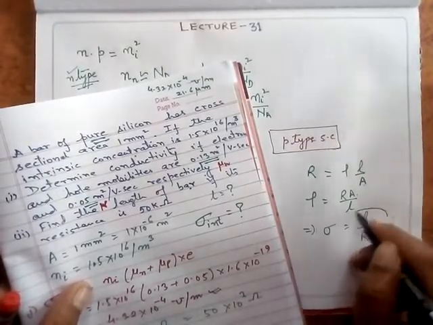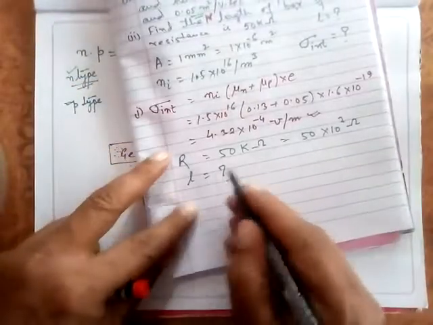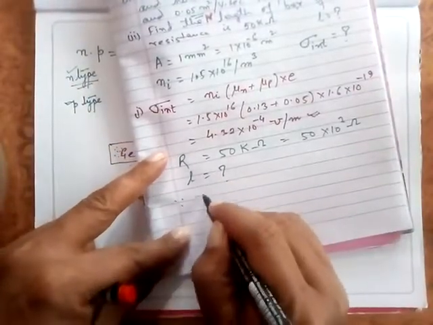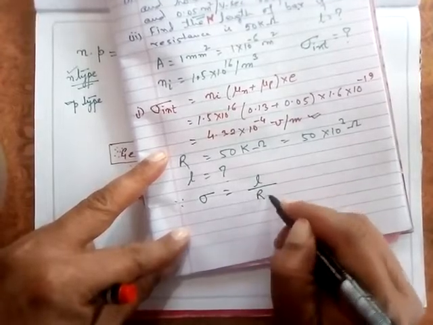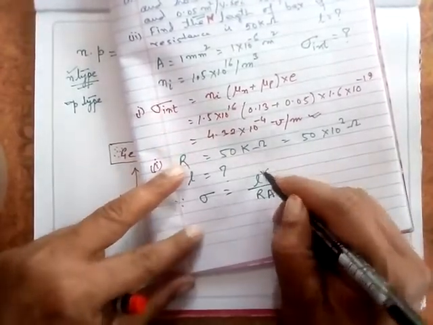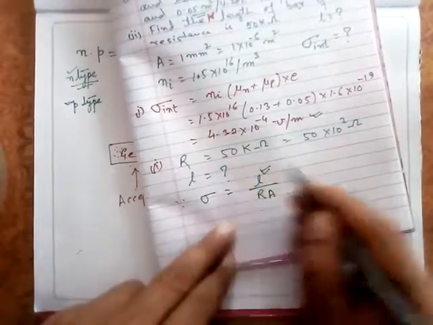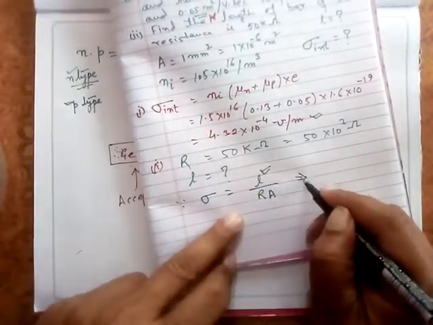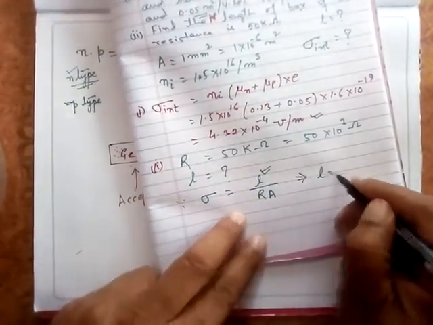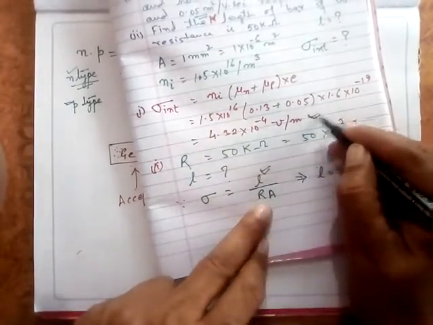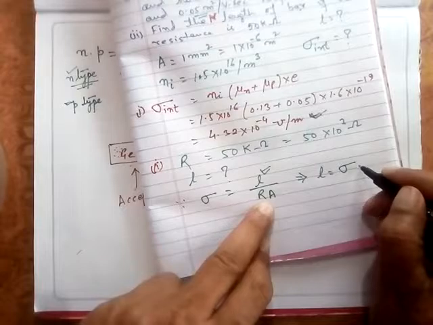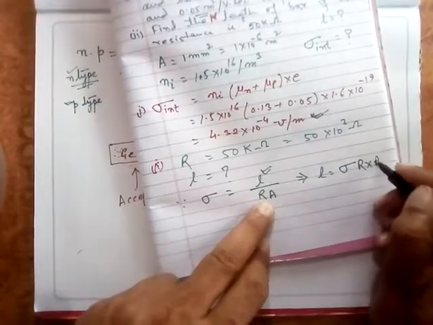Since conductivity is L upon RA and I have to find L, L is equal to sigma, the conductivity I have calculated, into R into A.